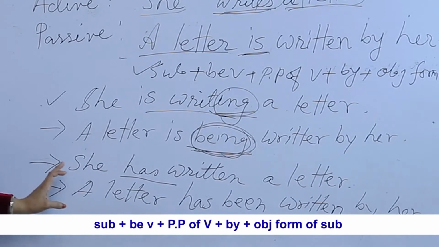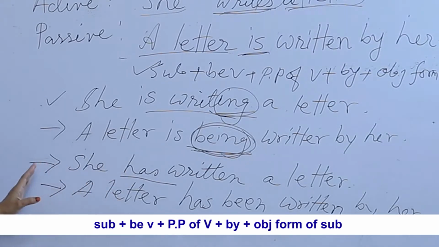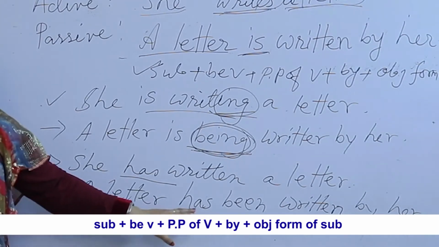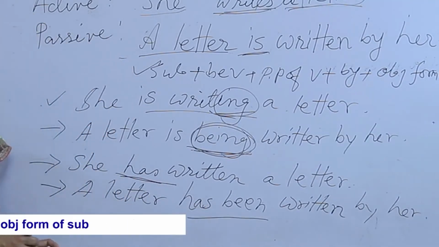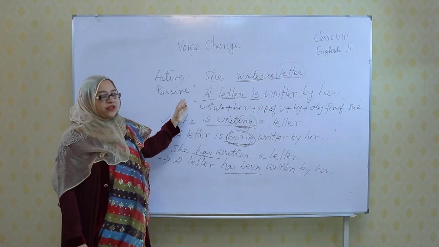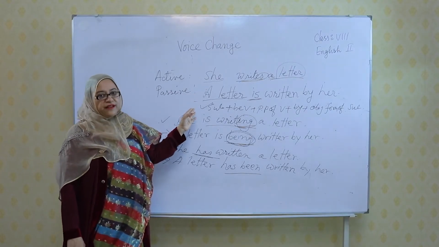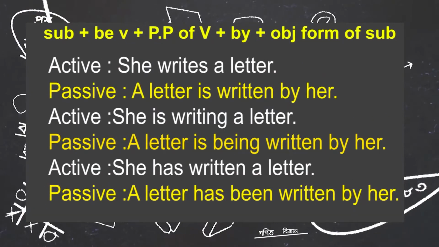And for a perfect form, when I turn it into passive, I use: a letter has been written by her. With this rule you can change the past form of the sentences. So, I will show you the past form of the sentence.